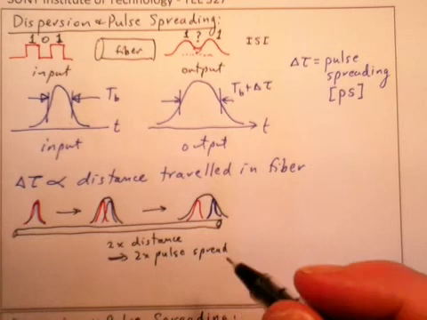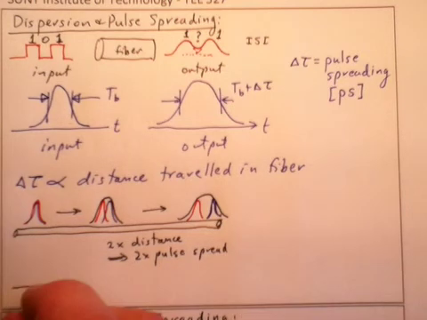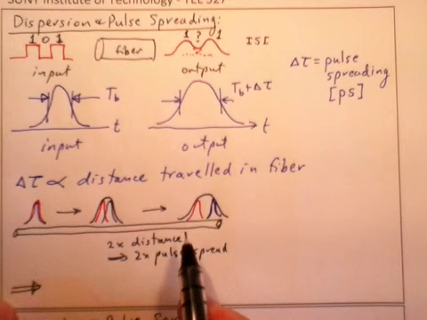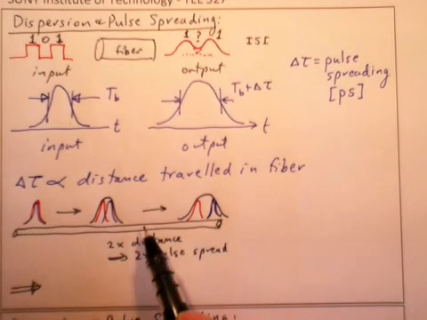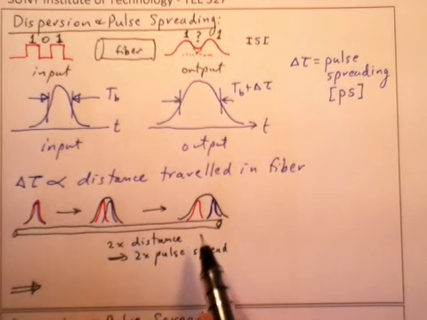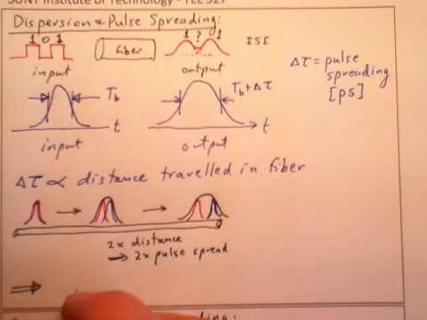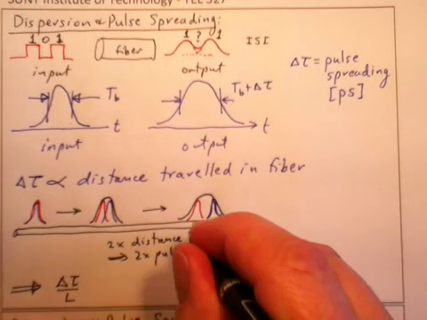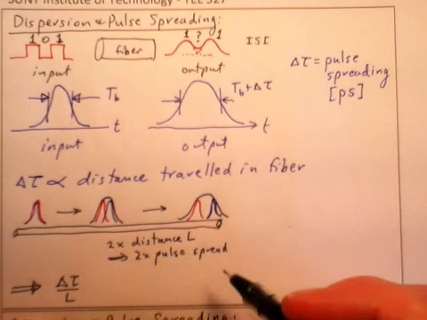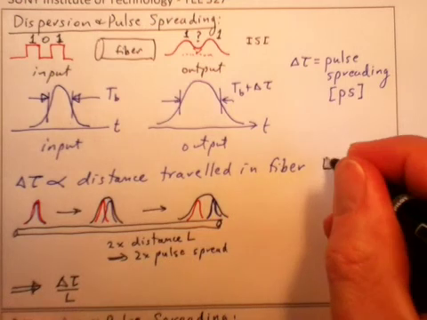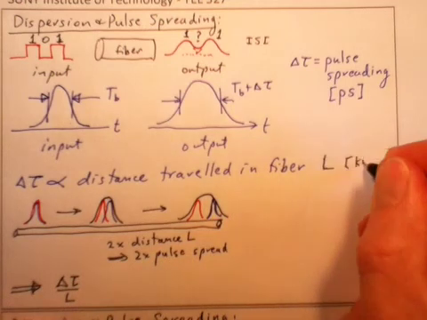So what we do is characterize the pulse spreading. We don't want the pulse spreading to be dependent on the distance we've gone. We want to characterize the fiber, and we don't want to worry about how far we've gone in that fiber. So we write delta tau by L, where L is the distance in the fiber, usually given in kilometers.